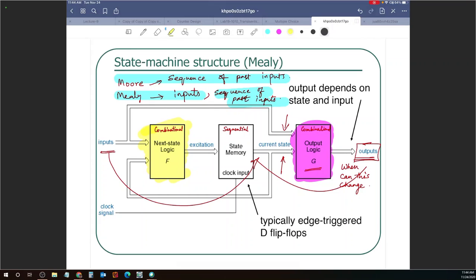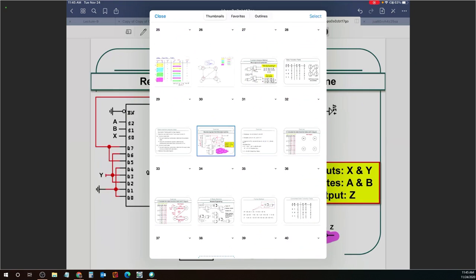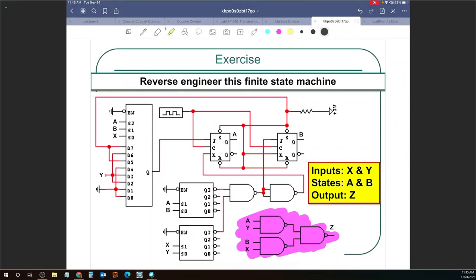This is the next state logic, F. Where does that exist in this? It is all of this.